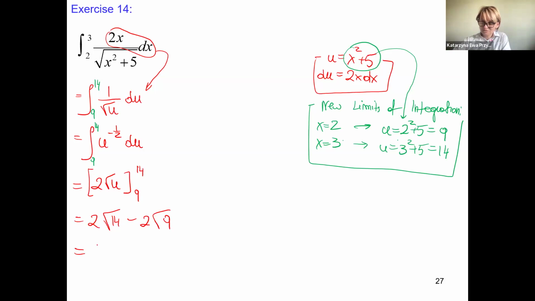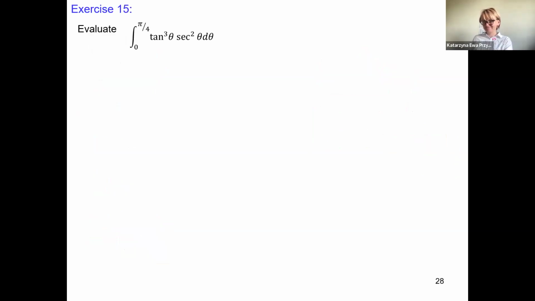We can keep this one like this, and this one will be 2 times 3, 6. I was planning to factor out 2, but it's fine. That's one way. Please remember, don't solve completely for dx. Even if you learned this way, try to unlearn. Okay.